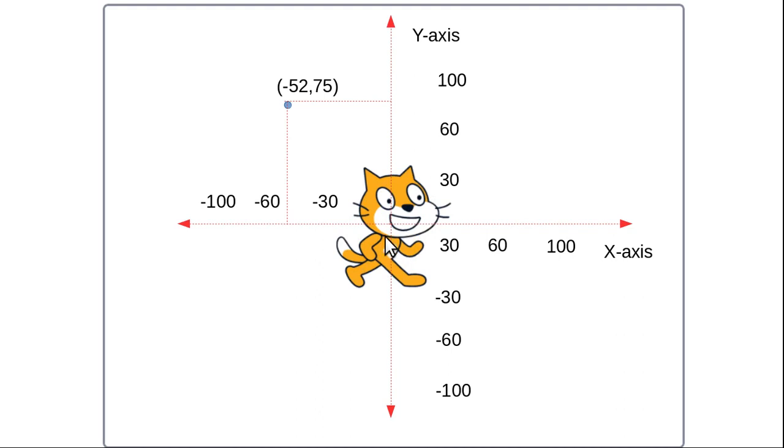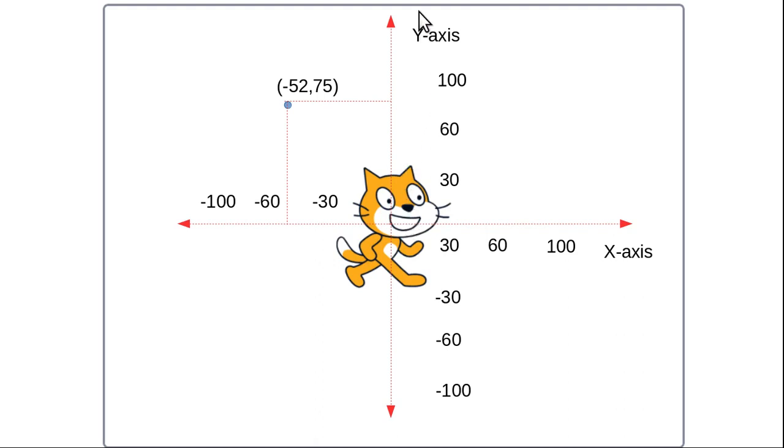But as you move this sprite in the forward direction, the x value will go on incrementing, like 30, 60, 100, 120, 200, 300. And in the upward direction, the value of y will get incremented, like 30, 60, 100, 120, 200, 300.